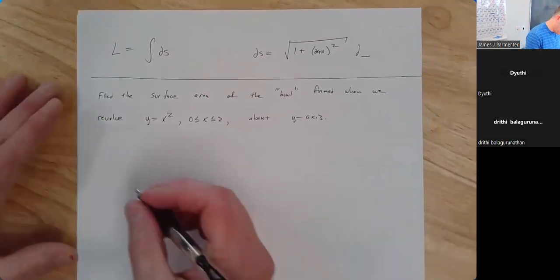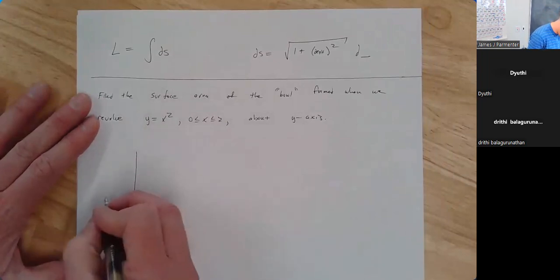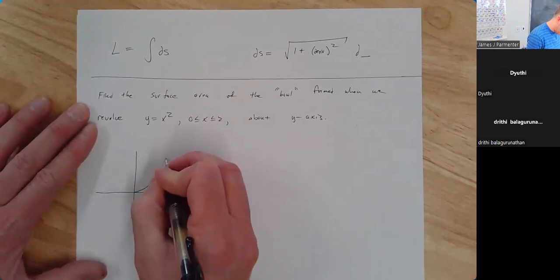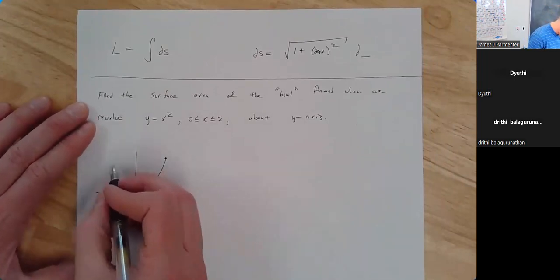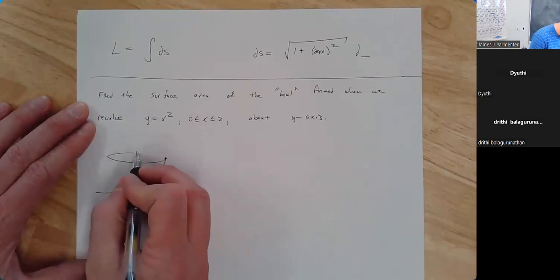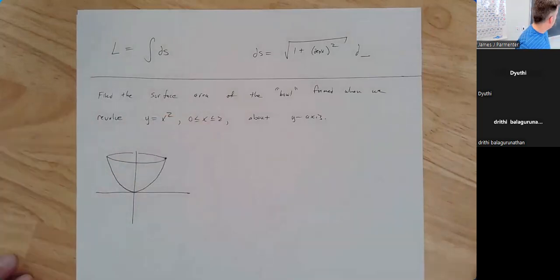Okay, so let's draw a picture. I'm just taking y equals x squared, which looks like that, and revolving around the y-axis. I'm doing this kind of deal. And we're taking a rubber band, right?